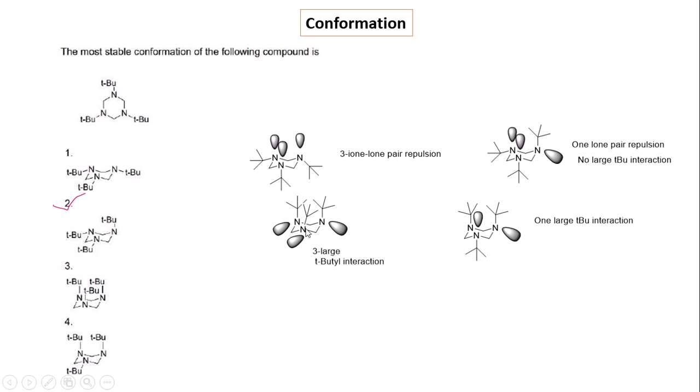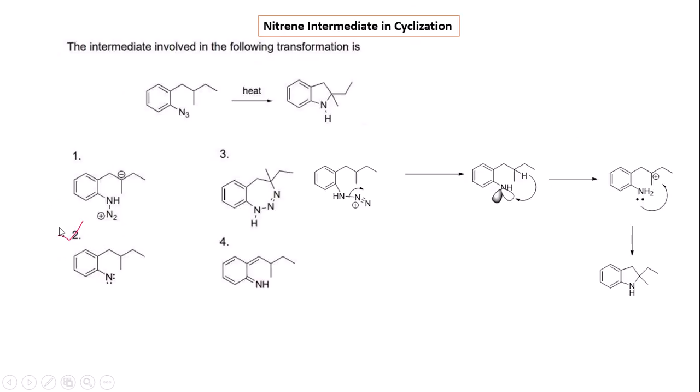And here if the tertiary butyl group is in the axial position, strong steric interaction is present. So the conformation is that two tertiary butyl groups are in the equatorial position, and another tertiary butyl group is present in the axial position. This is the preferred conformation. So option 2 is the correct.